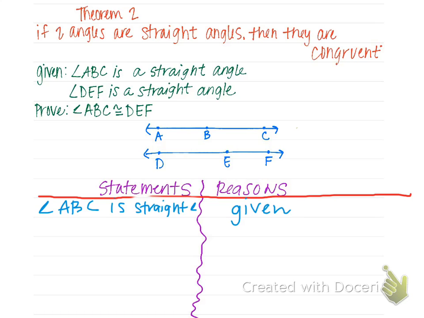So we know that the measure of a straight angle, from chapter 1.1, or 1.2, sorry, is equal to 180 degrees. Why? The definition of a straight angle.